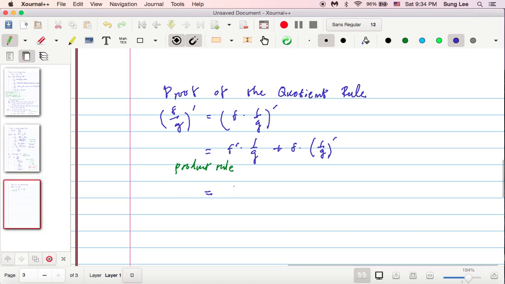So this equals f prime over g. And for the second part, 1 over g prime, that's where the baby quotient rule comes in. So f times, by the baby quotient rule, negative g prime over g squared. Here I used the baby quotient rule.